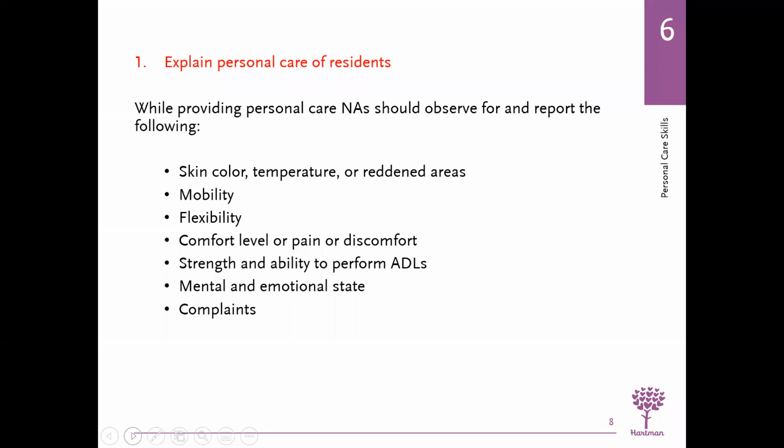So while you are providing care, this is a good time to observe the skin, its color, temperature, or any areas that are considered abnormal. We are also looking at their mobility, their flexibility, their comfort level or pain or discomfort, whether it is verbal or nonverbal, the strength and the ability to perform the activities of daily living, their mental and emotional state, and also any complaints that they may tell you.